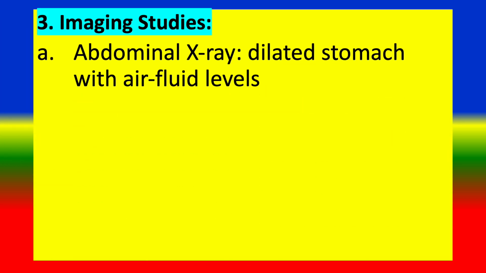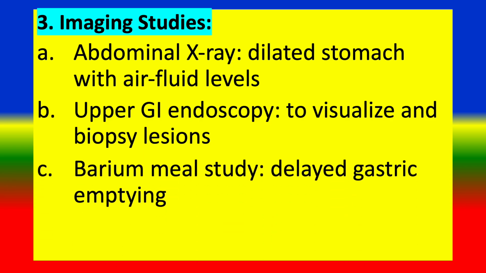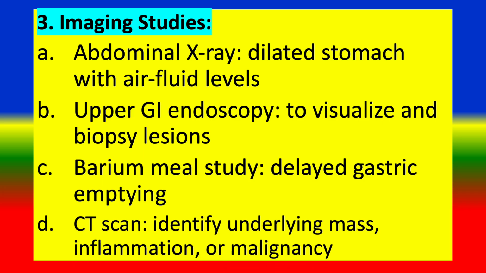Imaging studies. A. Abdominal X-ray, showing distended stomach with air fluid levels. B. Upper GI endoscopy to visualize and biopsy lesions. C. Barium meal study, detailing gastric emptying. D. CT scan, identify underlying mass, inflammation or malignancy.